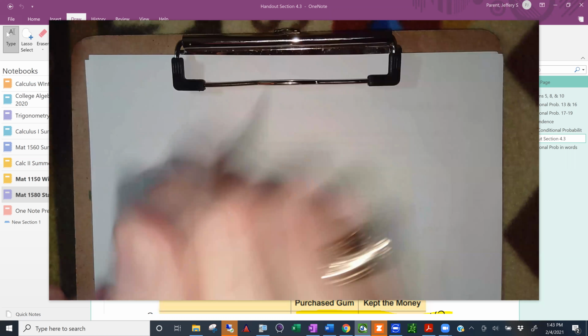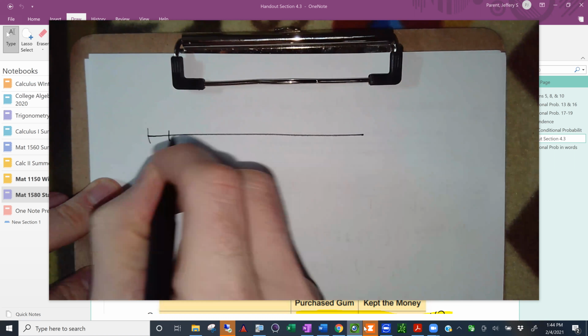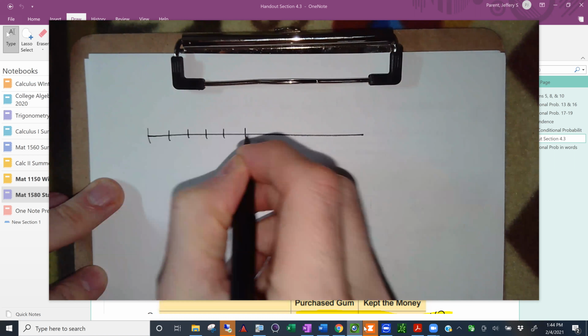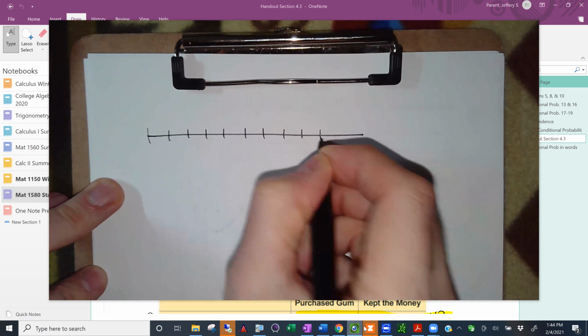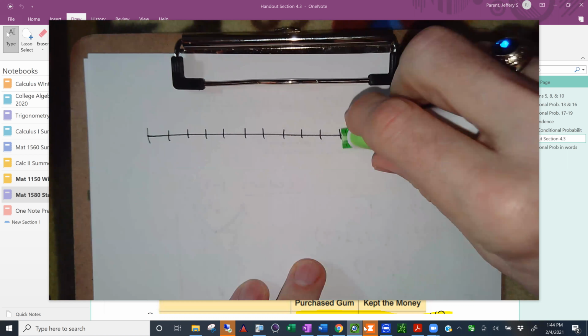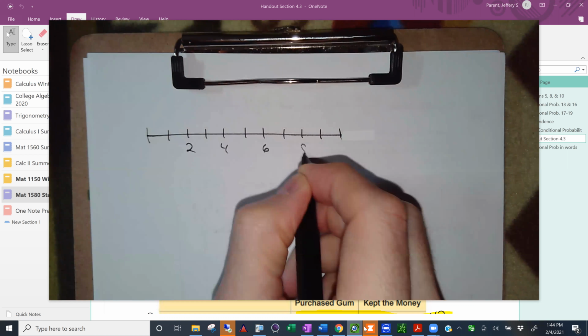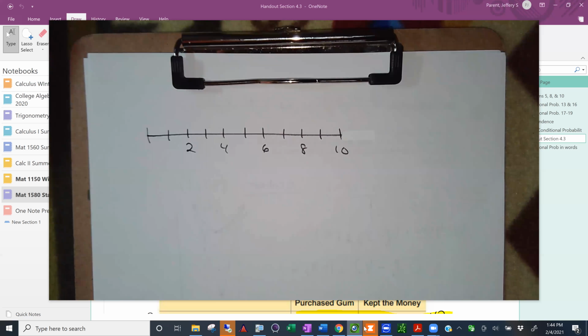So let's draw ourselves a little sample space. So there's our sample space. And let's just cut it off here. 2, 4, 6, 8, and 10. We want to look at the event of getting at least one correct.